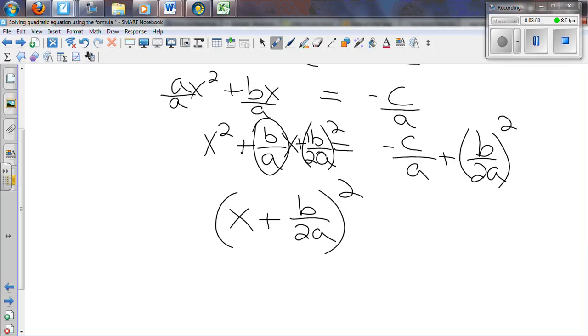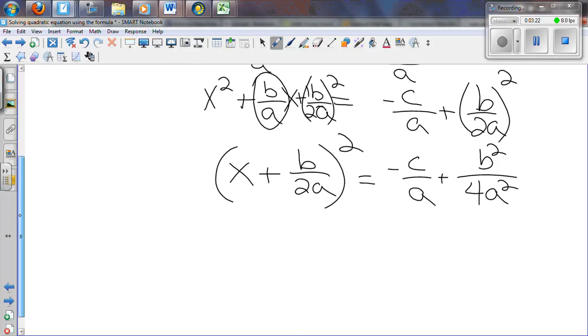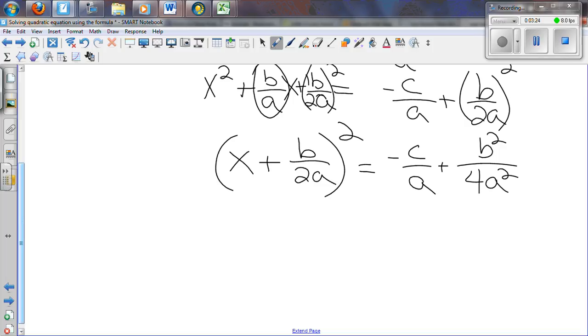Now I'm going to clean up the other side a little bit, so I'm going to do this squaring here. This is really b squared over 4a squared, if I square both of those parts, and c over a. I'm actually going to flip these around because I don't like that negative first. I'm going to give them a common denominator. A common denominator here would have to be multiplying everything by 4a over 4a, which is still multiplying by 1, so I don't have to change anything else in the equation.